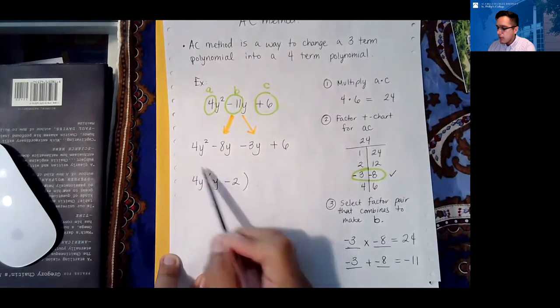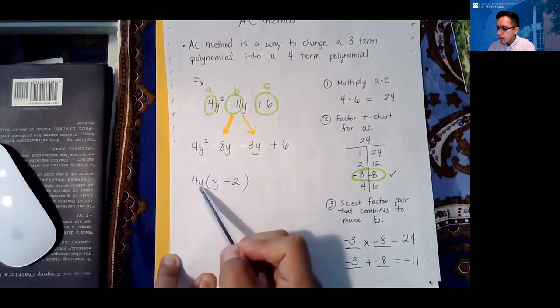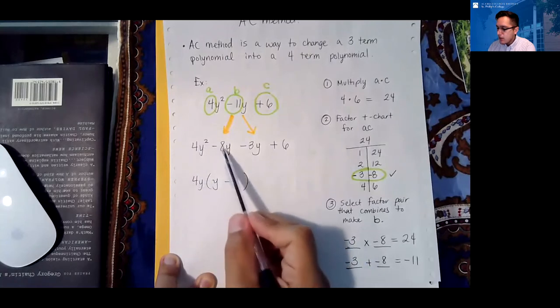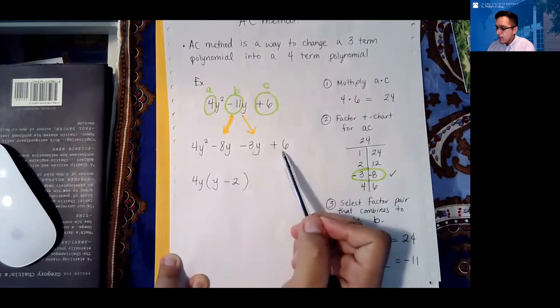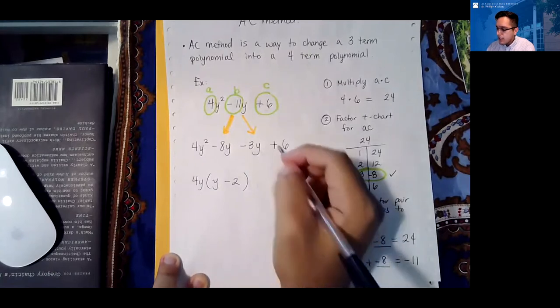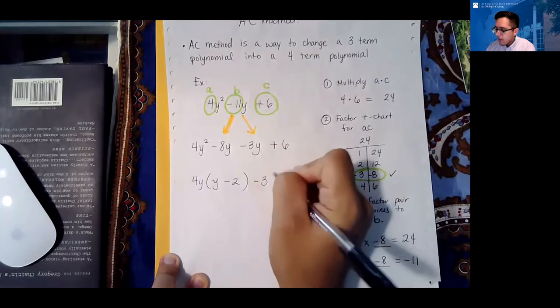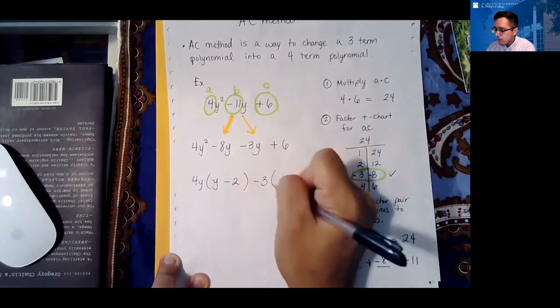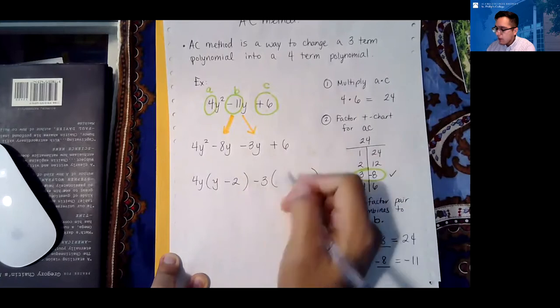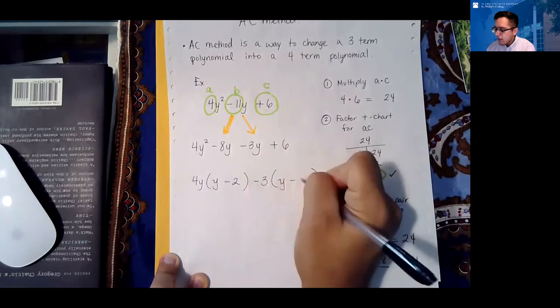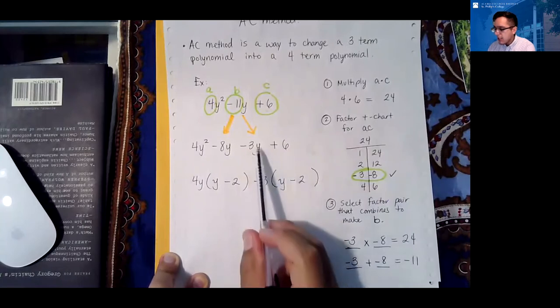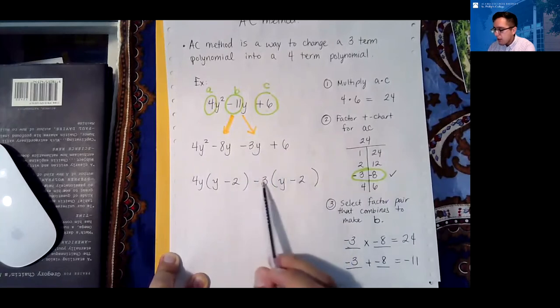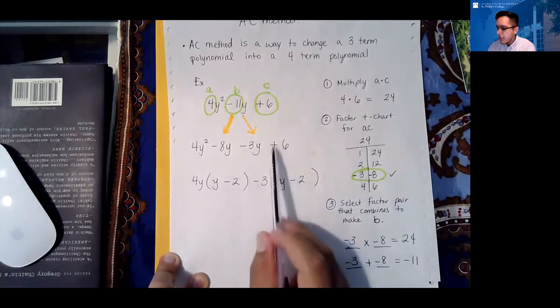So 4y times y is 4y squared. 4y times negative 2 gives you your negative 8y. And if I look at the second 2 terms, their common factor is going to be a negative 3, since that first term is negative. Negative 3 times y is negative 3y. Negative 3 times negative 2 is positive 6.